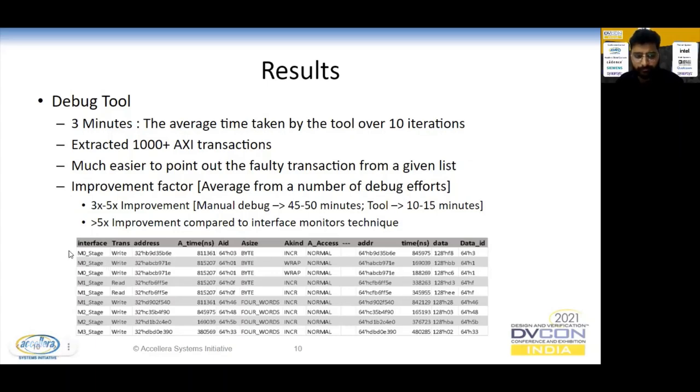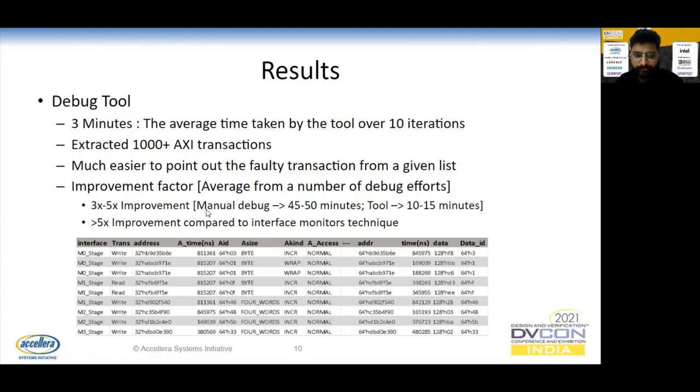Every point of detail can be found from each row, where each row represents a transaction and its relevant stages. With this information, it becomes very easy to figure out the faulty stage or the faulty transaction.